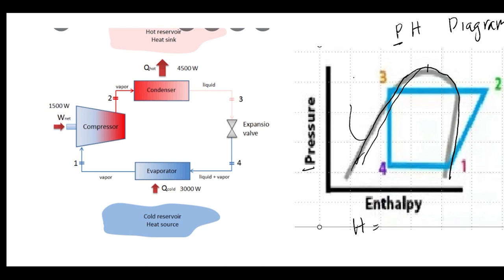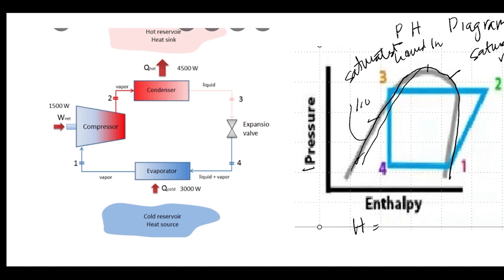this one is the saturated liquid line, and the other part is the saturated vapor line. So what is the meaning of that? The meaning is the condition or the state of the refrigerant as the working medium in the cycle.